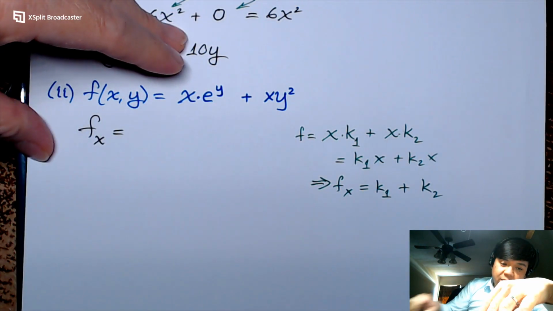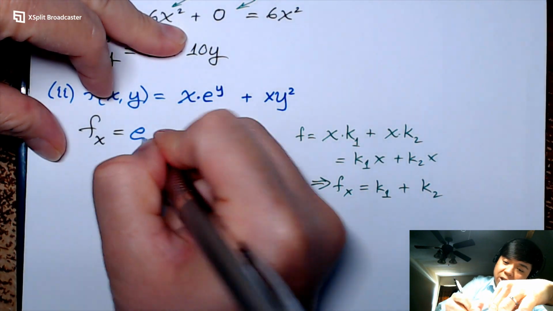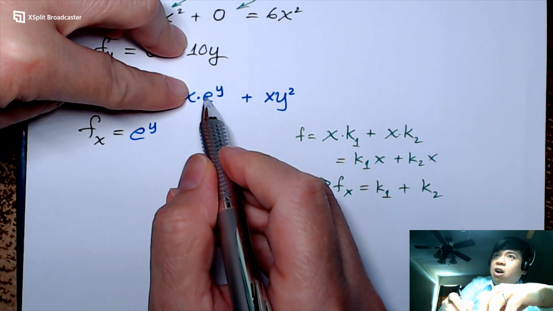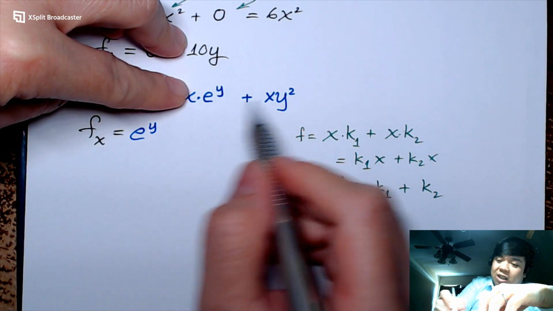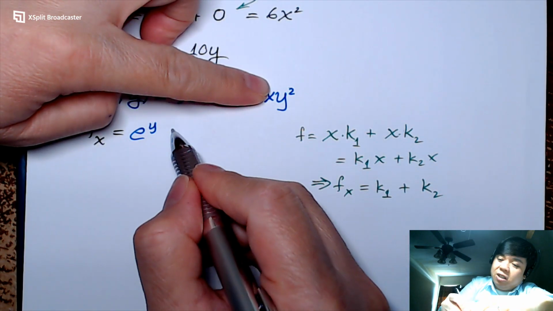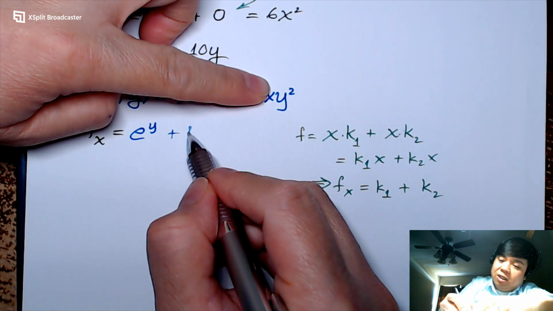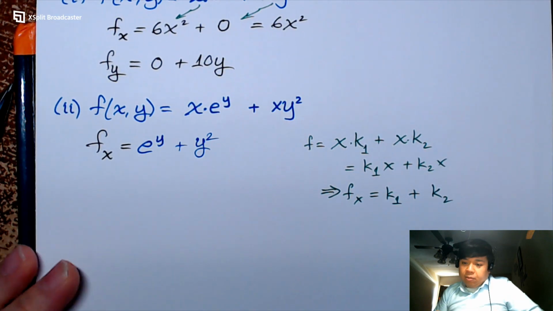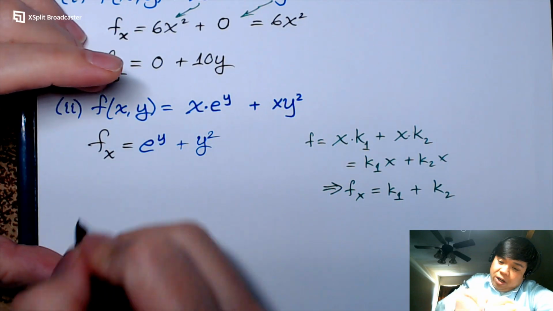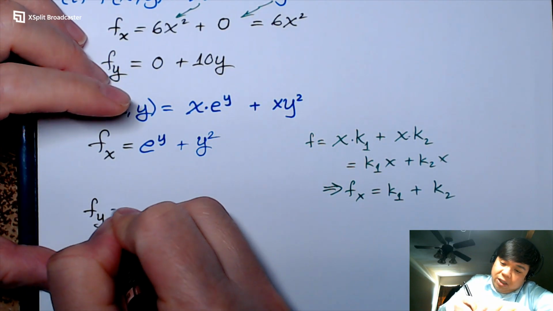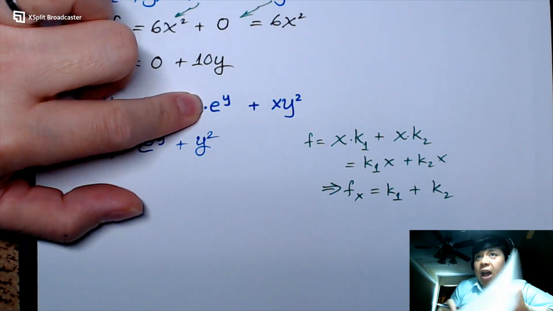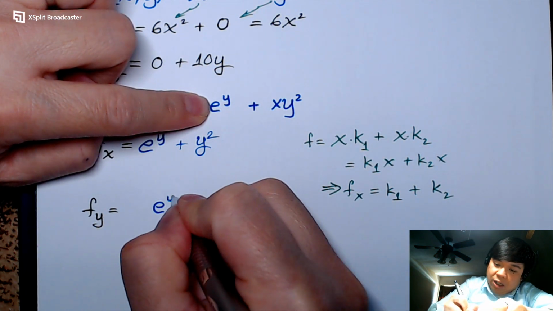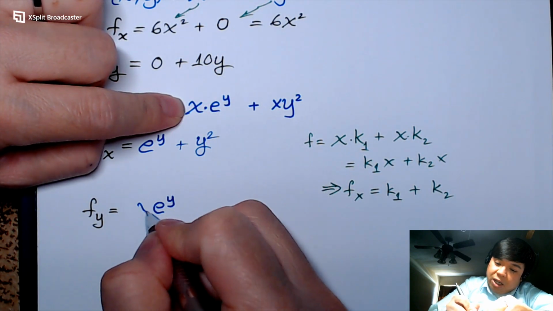So the derivative of x is 1 times that constant. Now, what is the derivative with respect to y? x is going to be a constant. So the derivative of e to the y is still e to the y, and that constant will stay there.